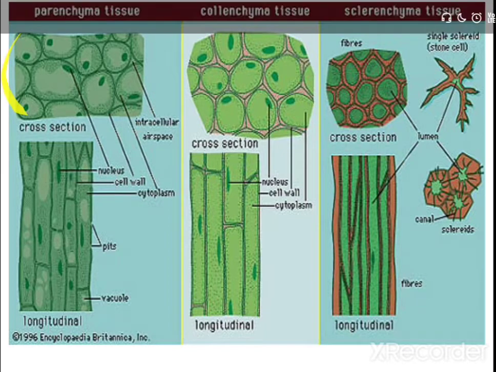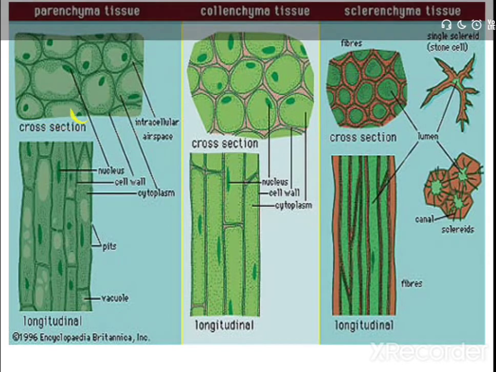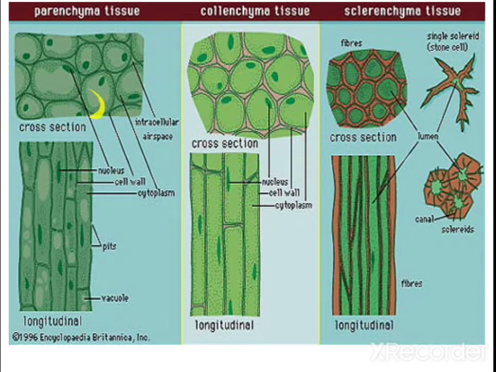Can you see, this is parenchyma, and here the space in between the cells, this one you call intercellular space. You can observe the intercellular space here, and the walls are thin. Here the corners of the collenchyma cells are thickened. Compared to parenchyma, collenchyma is thicker, and in the sclerenchyma you see the thickening is more.